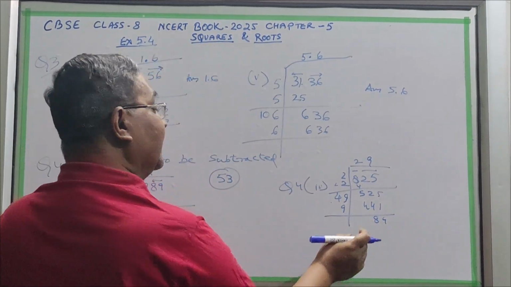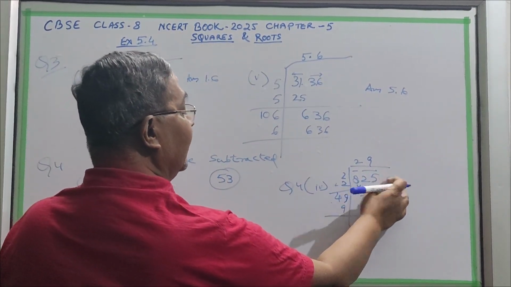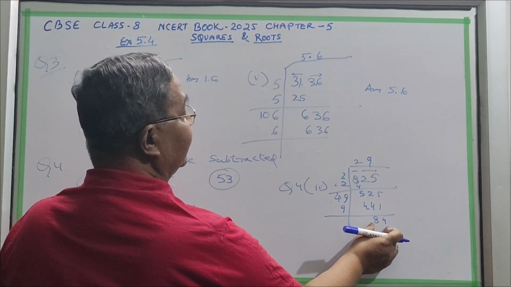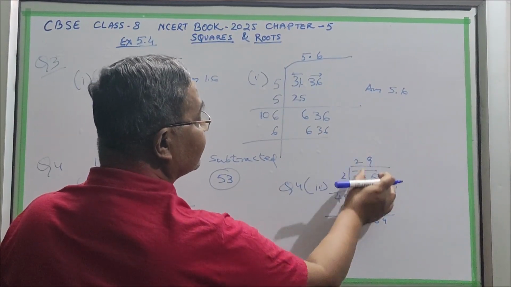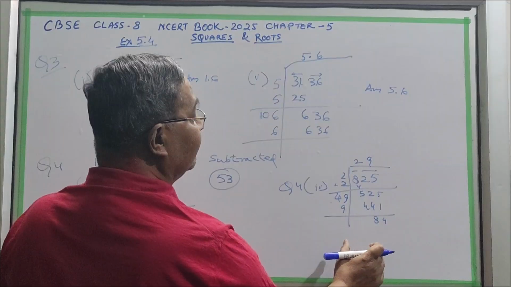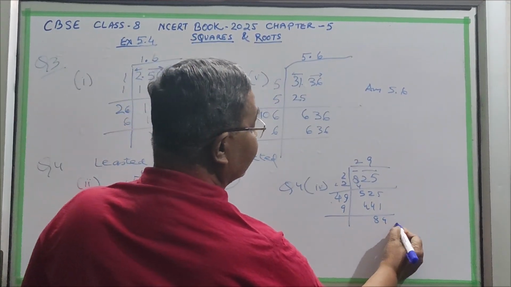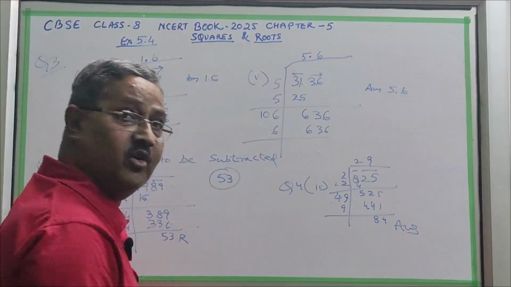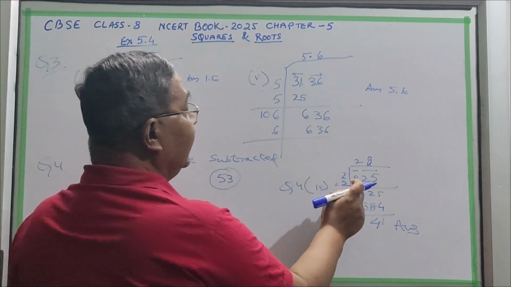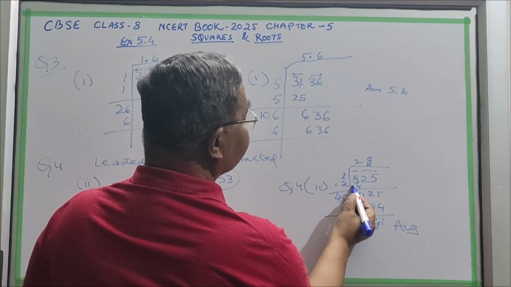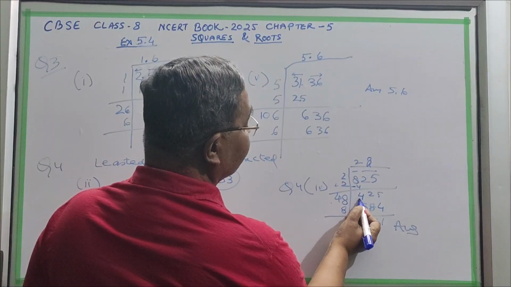It means if from this original number you subtract 84, then this number will be a perfectly square number, and it will be divisible. Okay, then your answer is 84. Here from 8 you have to subtract 4. So here 4 will come.